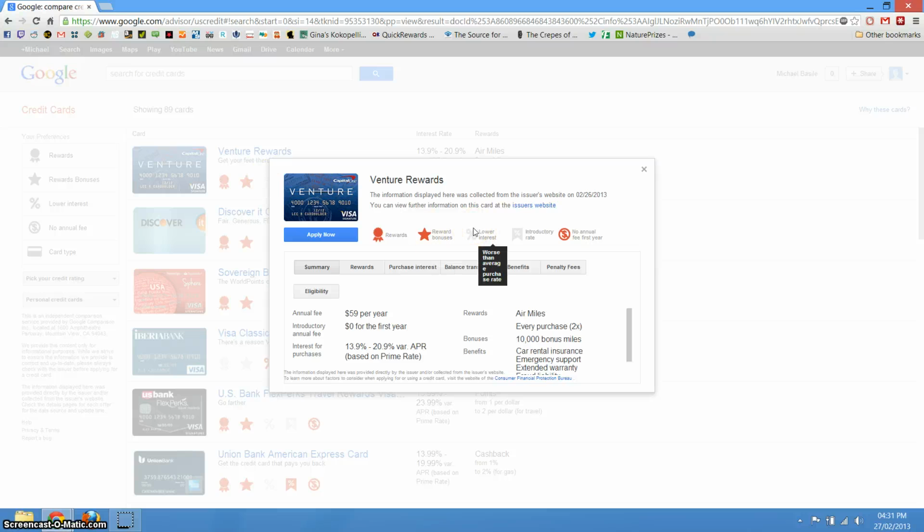So I wish they would explain some of these little buttons, because I know obviously what rewards are, but reward bonuses I'm not really sure, and I guess it doesn't have lower interest rate. So I feel like the first improvement would be, if I clicked on this, just have a brief explanation of what it is.